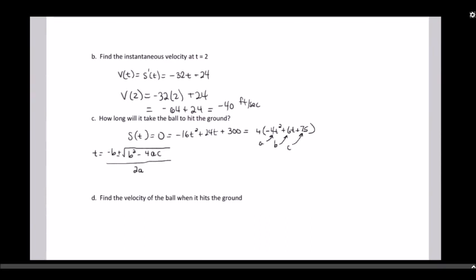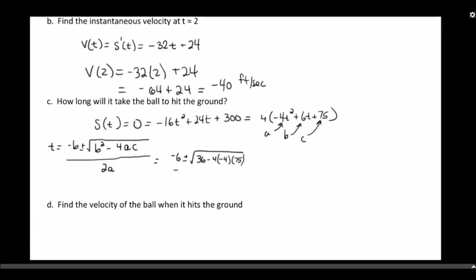So plugging all those into our quadratic formula here, we're going to have the opposite of b, which is negative 6 plus or minus the square root of b squared, or 6 squared, which is 36 minus 4 times a, which is negative 4, times c, which is 75, all over 2a, which is 2 times negative 4, or negative 8.